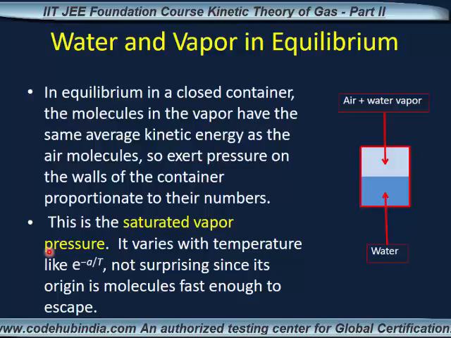And the pressure will rise exponentially, like e to the power alpha t. At the surface area, it is free for the molecules to escape out. Where is the surface area? This is the surface area.